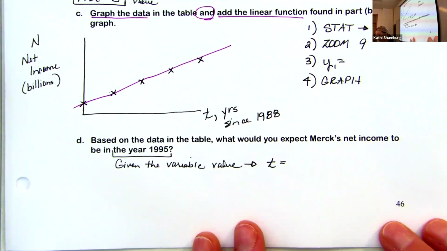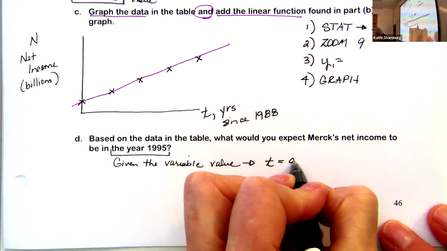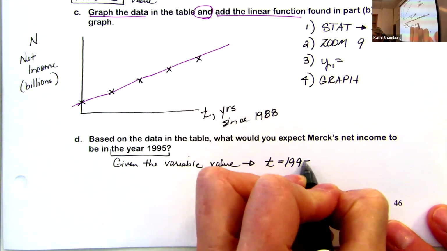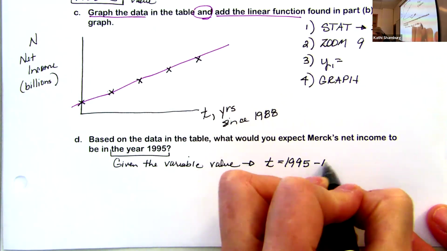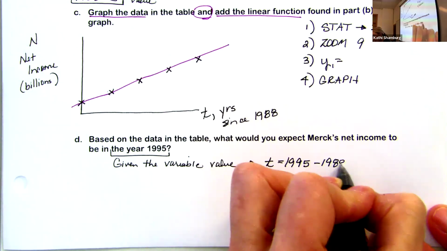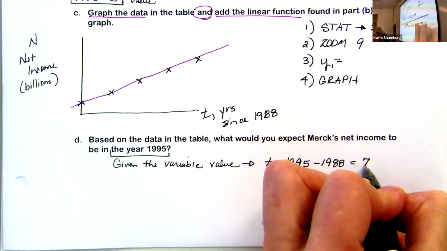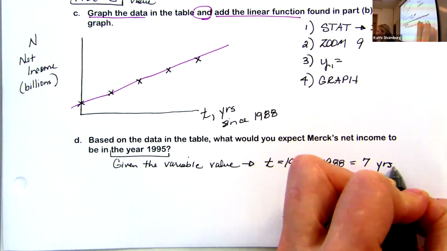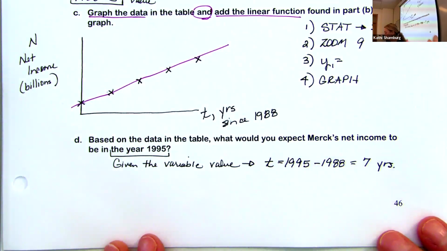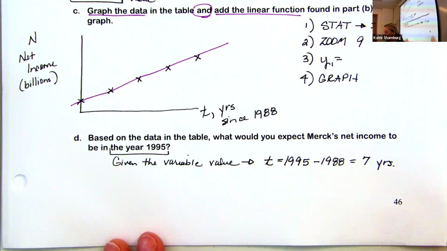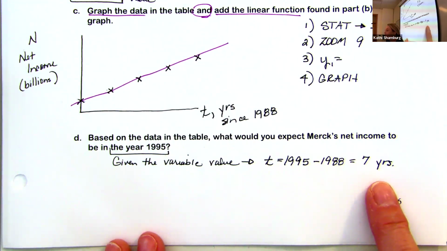No, it's 1995 since when? 1988, so it's actually 7 years since 1988. Okay, all right, so this is my variable value.